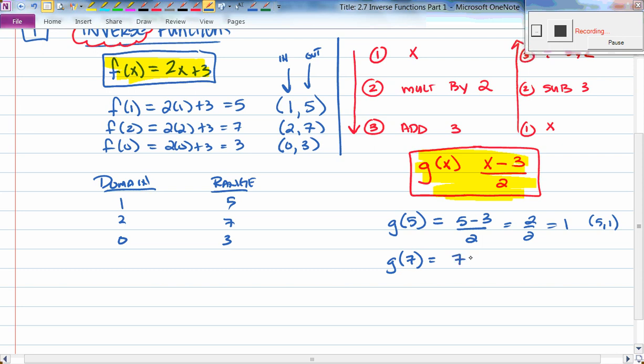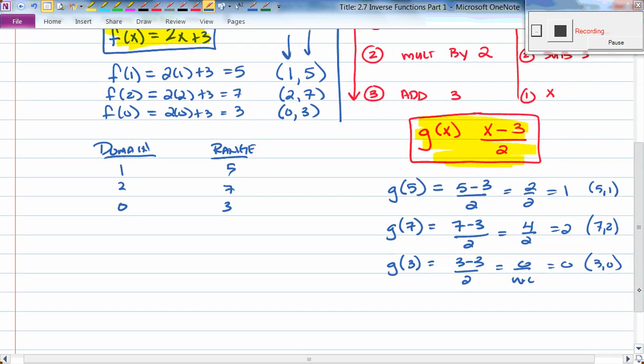It would be 7 minus 3, all divided by 2, which is 4 over 2, which is 2. So I have (7, 2). And what would g of 3 be? Well, that'd be 3 minus 3 over 2. That's 0 over 2, which is 0. So that means we're going to have the point (3, 0).